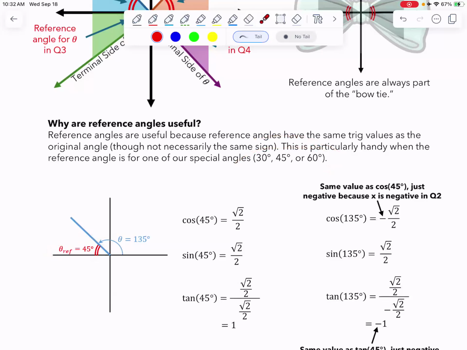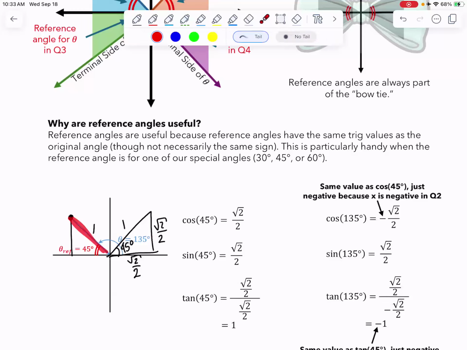And because that's true, if we make a little triangle here, the values for this 45-degree triangle would be square root 2 over 2, square root 2 over 2, and 1.